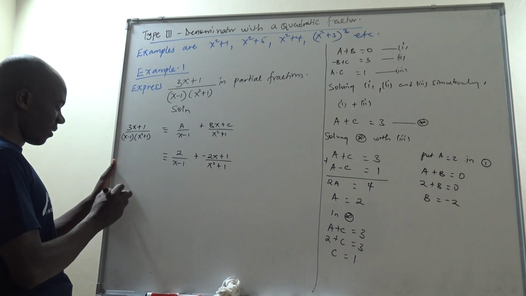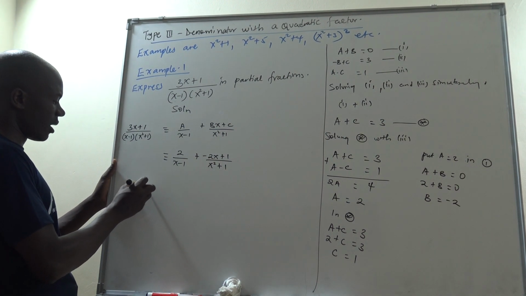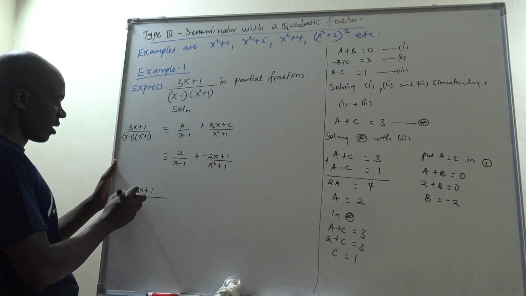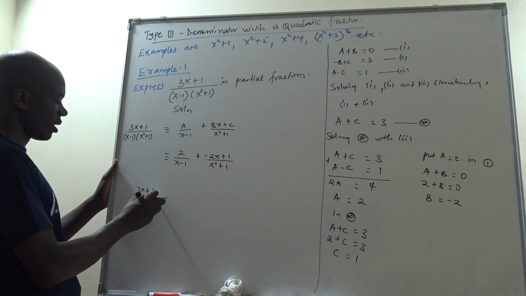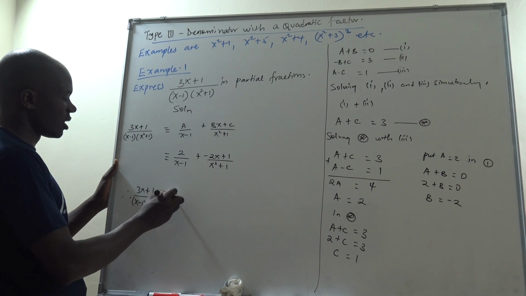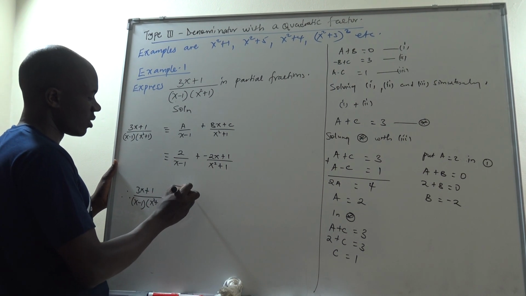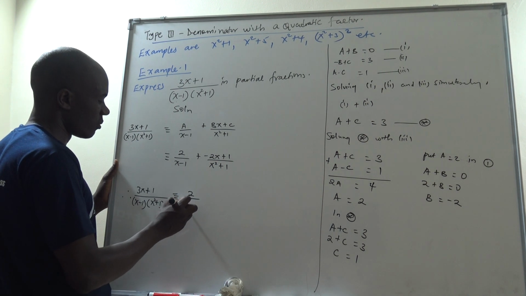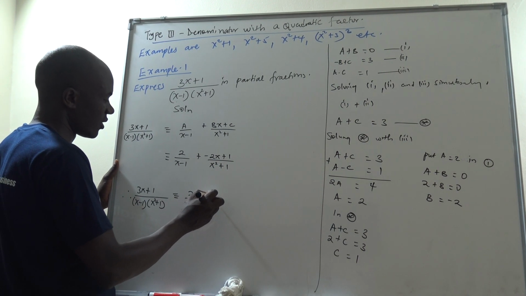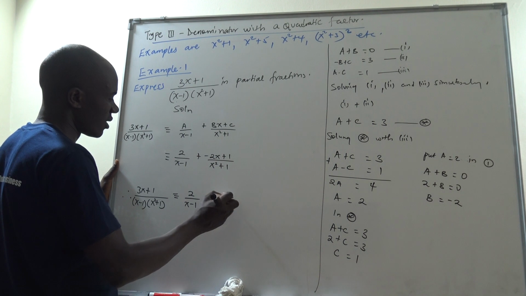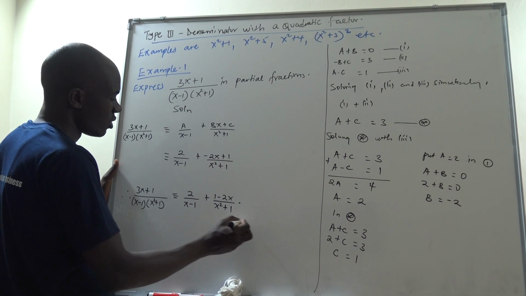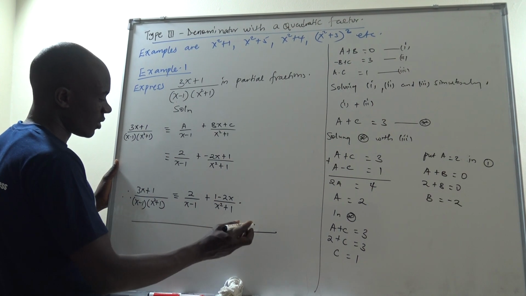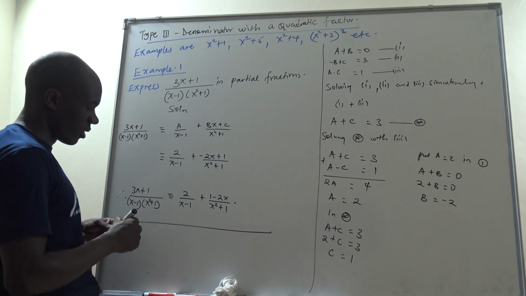We said therefore 3x plus 1 all over x minus 1 into x squared plus 1 is the same as, we can start with a positive 2 out of x minus 1, plus 1 minus 2x out of x squared plus 1. So you have finished expressing this into a partial fraction.